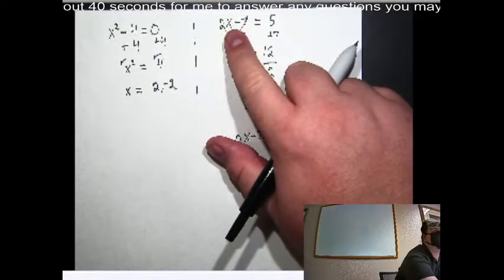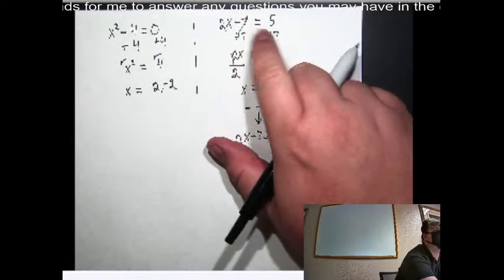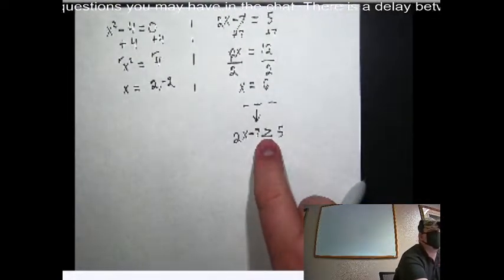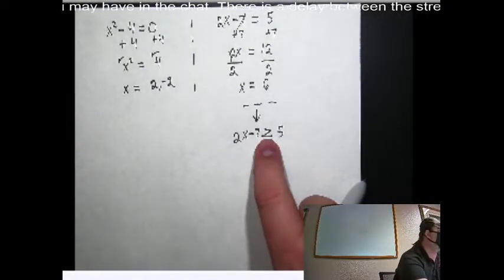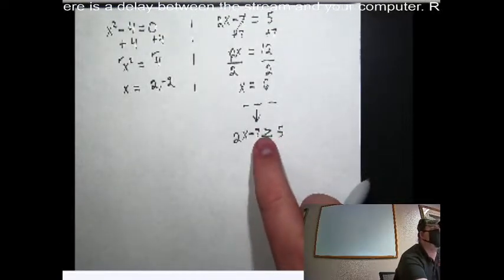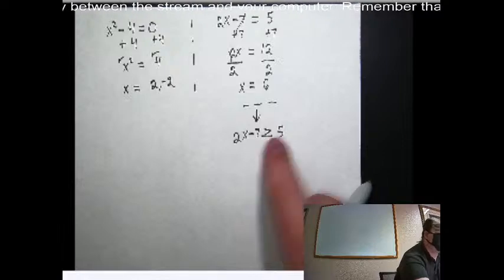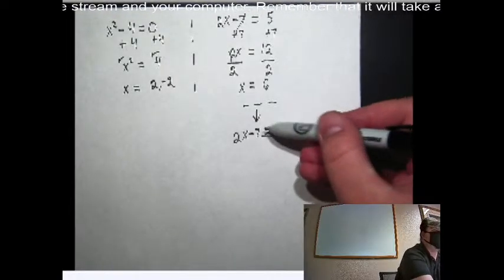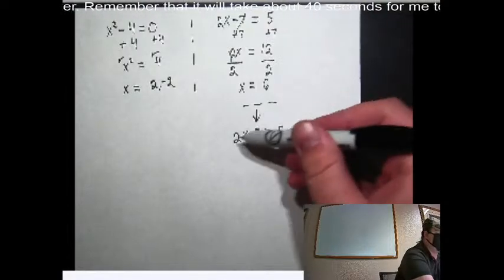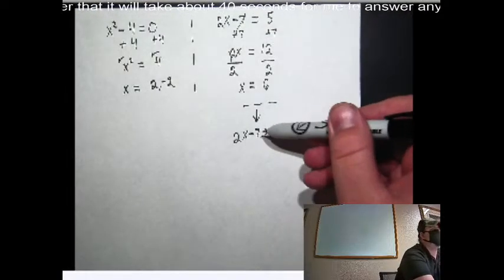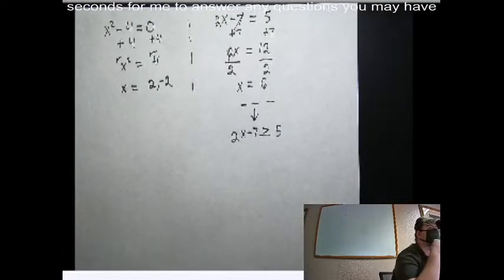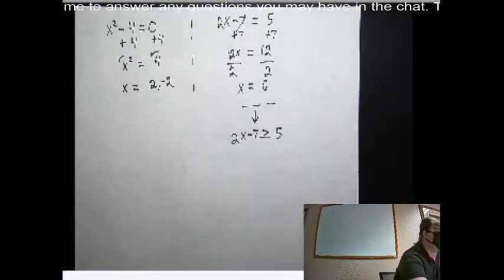So this is saying that 2x minus 7 is exactly equal to 5. This, on the other hand, is not an equation. This is an inequality. And inequalities do not show that perfect balance. Instead, they show weight. So this one, since the mouth of this inequality is pointing to this side, or in other words, greater than, this says that 2x minus 7 is weightier or bigger than 5. So we need to come up with an answer for x that will make this true.